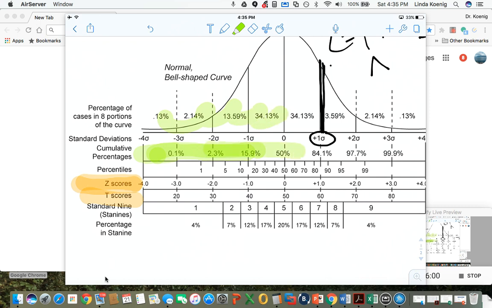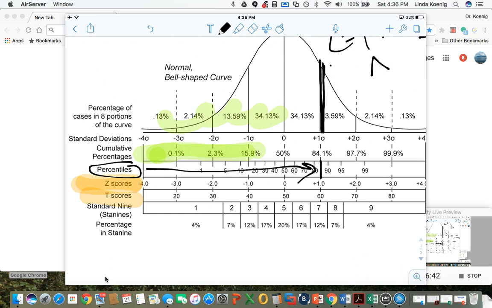So a person at 1 standard deviation scored the same as or better than 84.1% of the people who took this ACT in this year. It also means they were at about the 85th percentile.